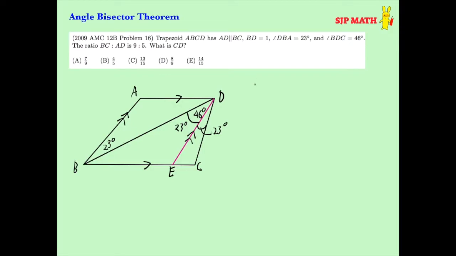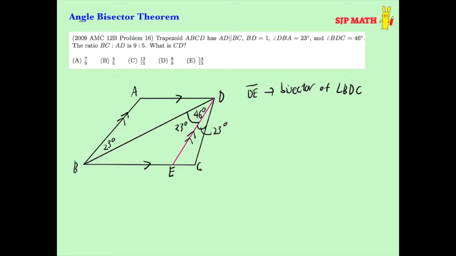Let's write that down. So DE is the bisector of angle BDC. Now we found an angle bisector of one of the interior angles of triangle BDC. So we can use the angle bisector theorem to find some unknown values here.